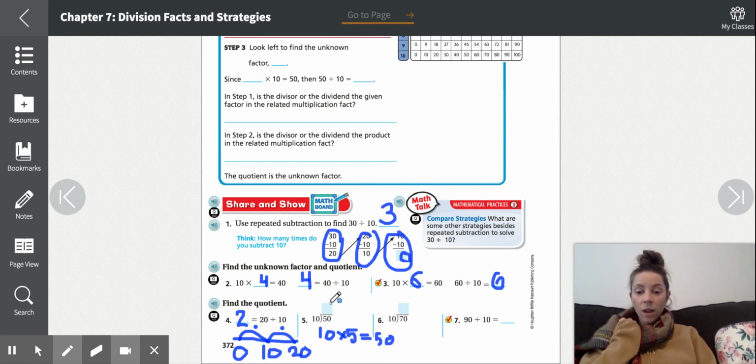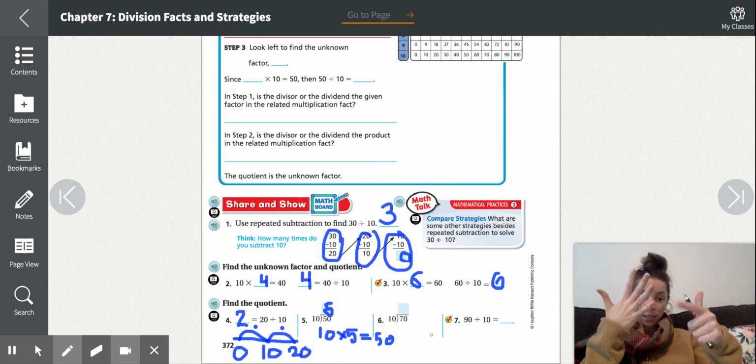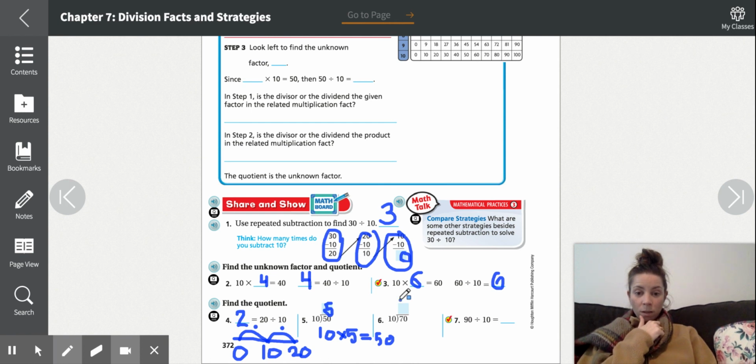So 50 divided by 10 is 5. You got 5, very good. The next one, 70 divided by 10. If I counted by tens, how many times would I need to do it to get to 70? 10, 20, 30, 40, 50, 60, 70. That one would be 7. And the last one, 90 divided by 10, is 9.